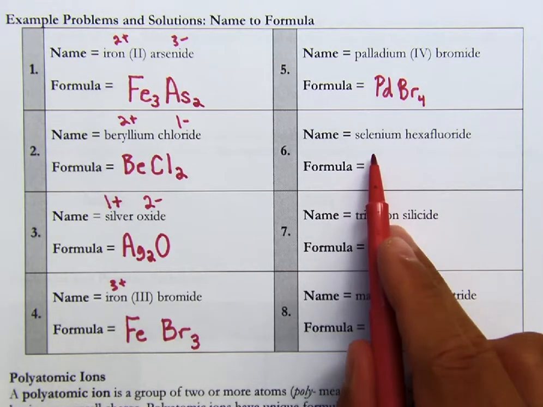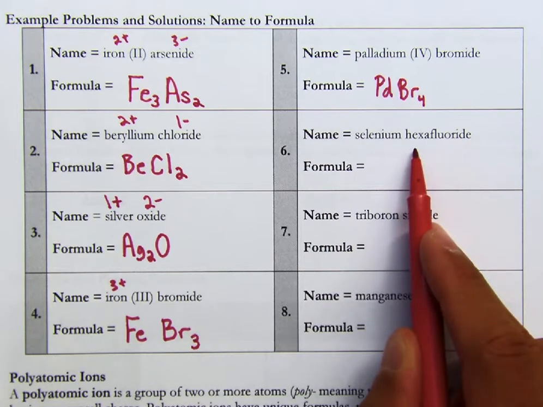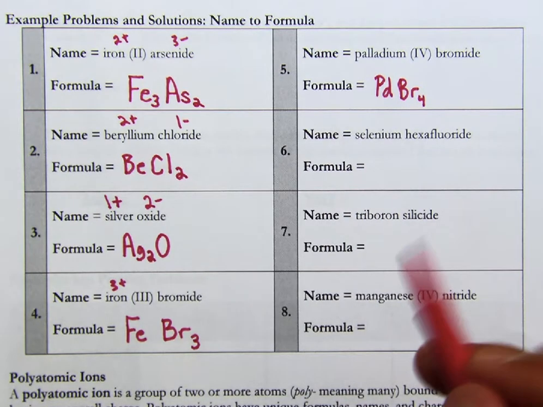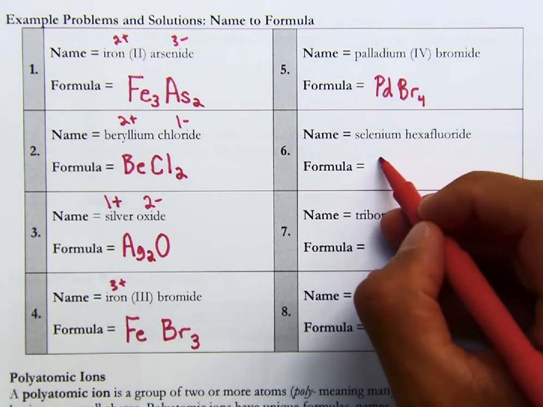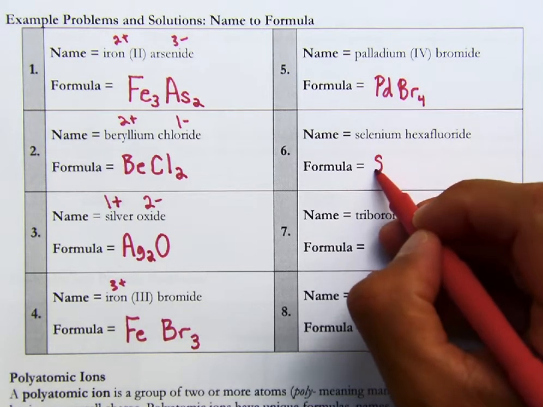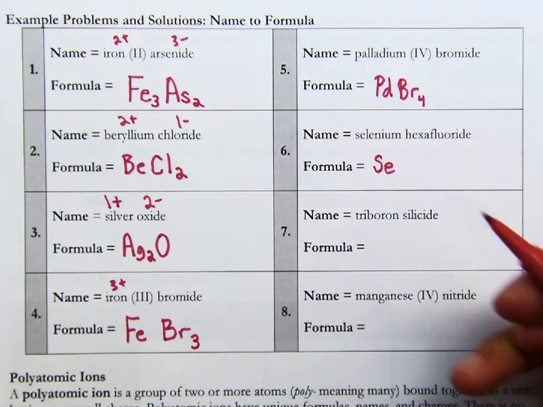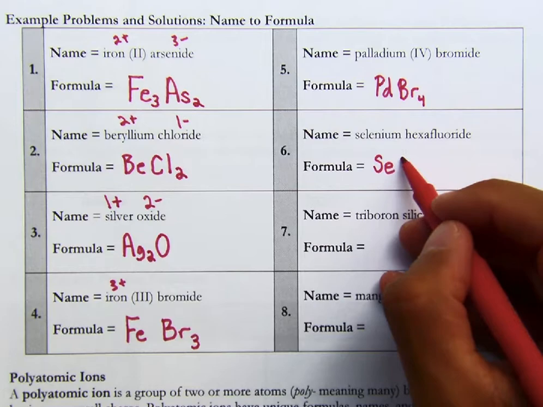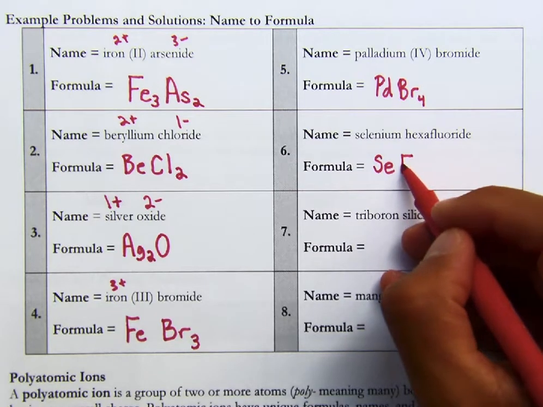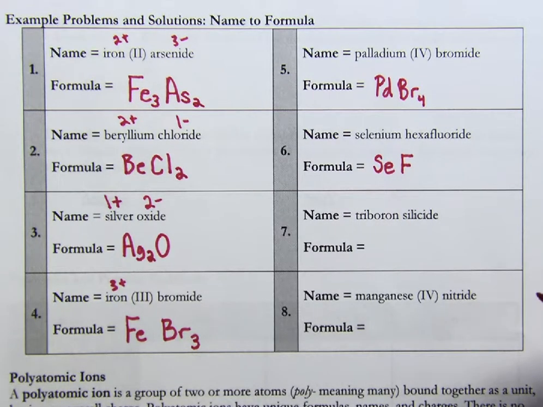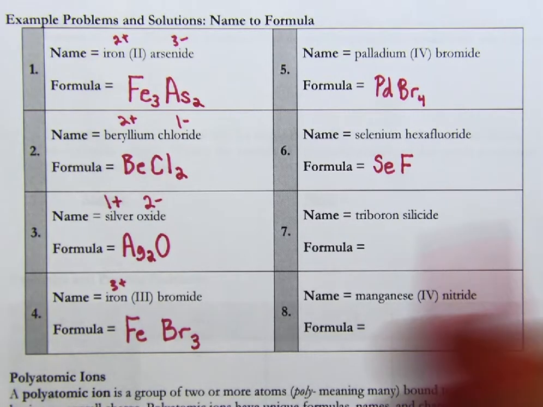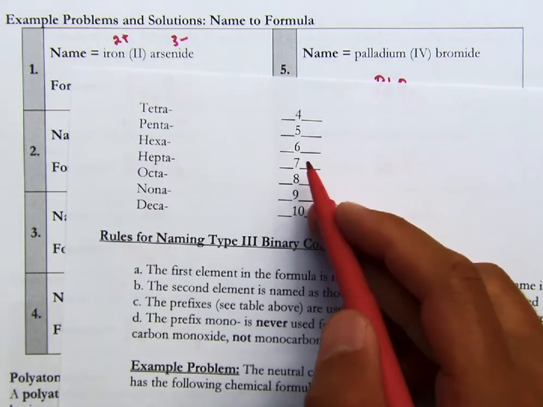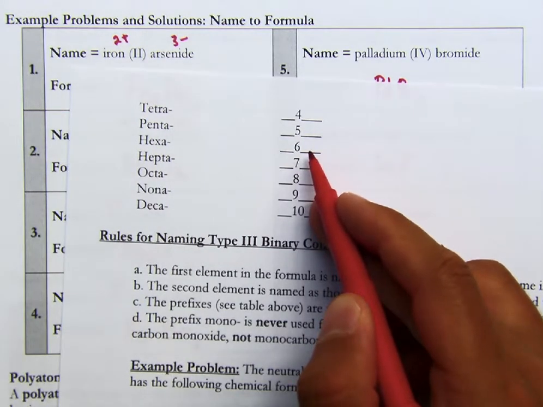Next one, selenium hexafluoride. Now the fact that you see hexa, you know this is a type 3 compound. It's nonmetals only. Selenium is Se, and then hexafluoride. So that means you have fluorine, hexa. If you look on our chart, you can think about like a hexagon, but hexa is 6.